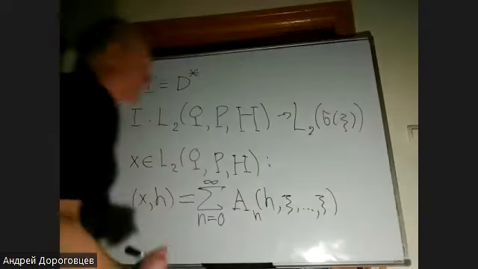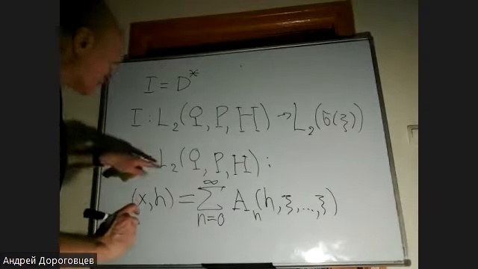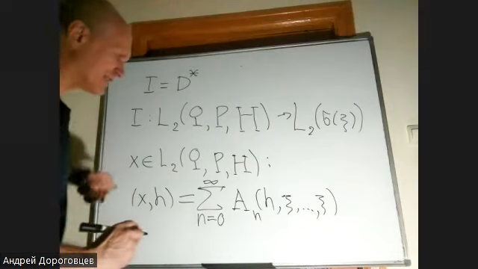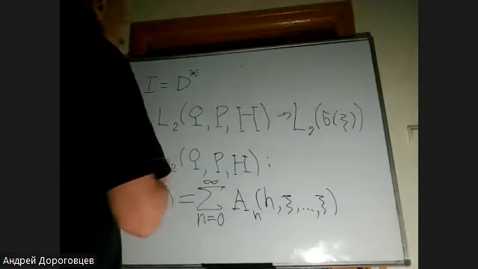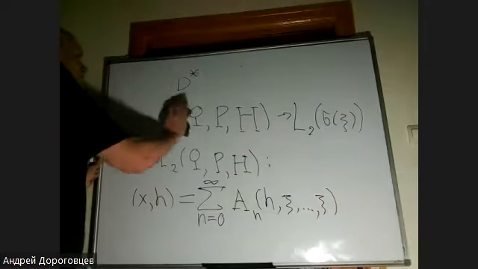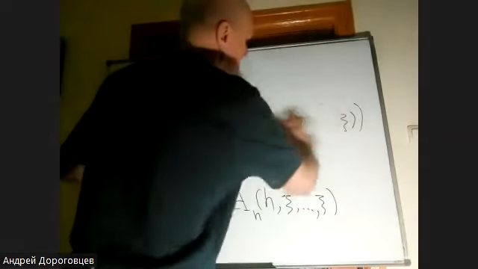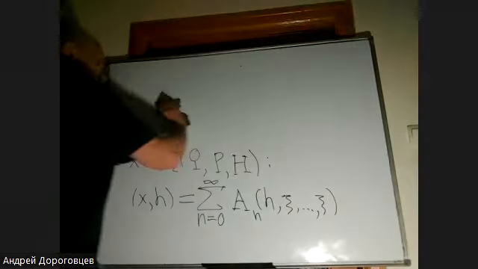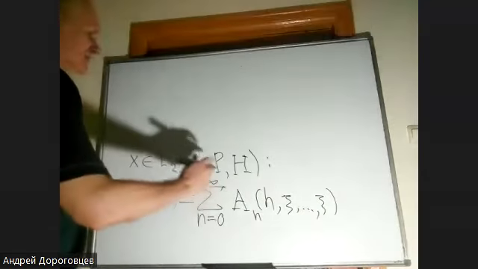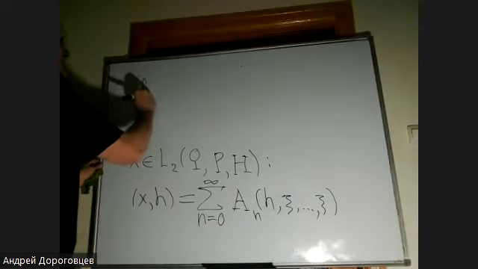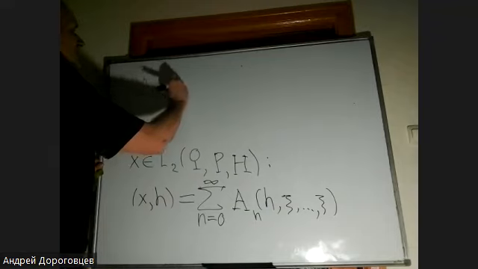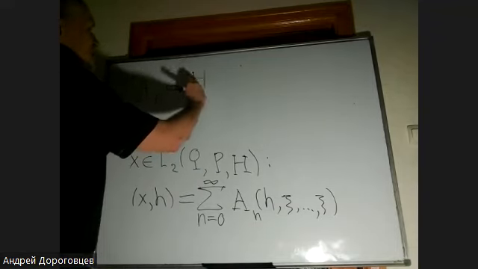And now, because of this square integrability, one can easily check that this h_n is actually an n plus 1 Hilbert-Schmidt form.